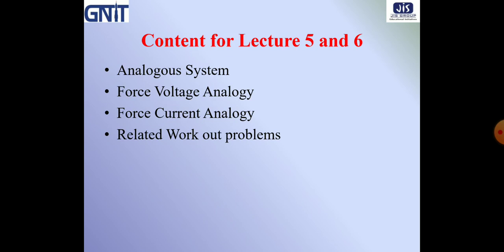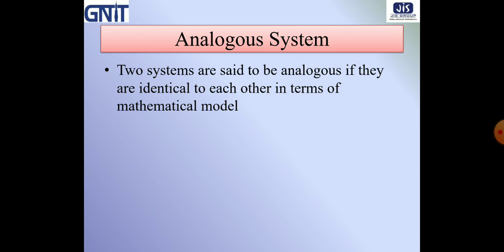So moving to our first topic, that is analogous system. Now what is analogous system? As you can see in the definition, two systems are said to be analogous if they are identical to each other in terms of mathematical model.